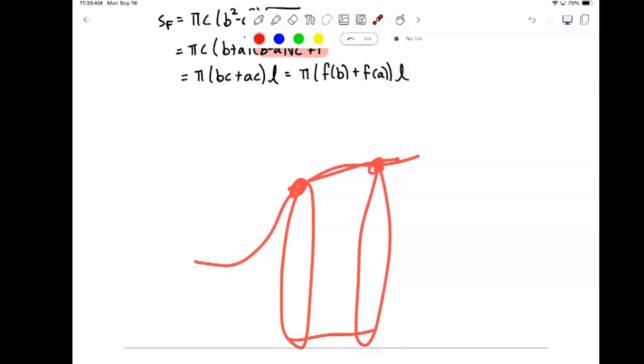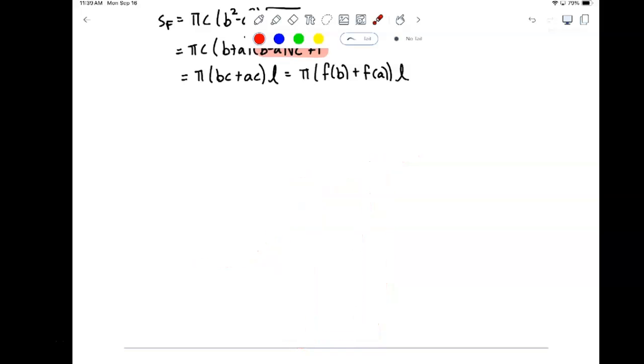And when we do that, we can measure the length of the side by using our arc length.